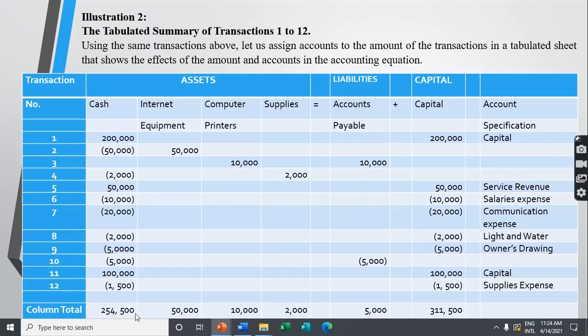So, magiging 294,500. And then, plus 10,000, magiging 304,500. And plus 2,000, magiging, magkano na yun?